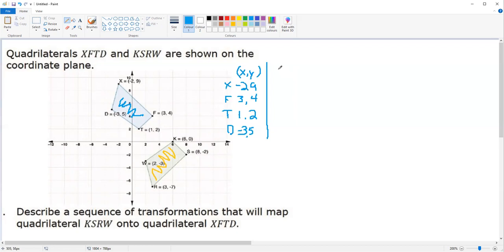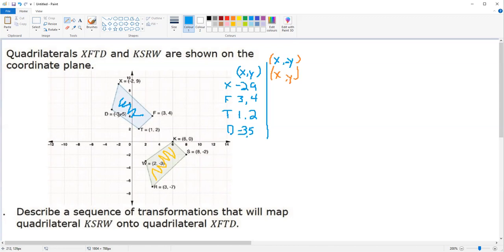Separate with a line, and then I'm going to use orange for my next set of x and y coordinates that are going to be derived from the blue x and y coordinates. They're going to get reflected. The x doesn't change, but the y is going to shift signs.